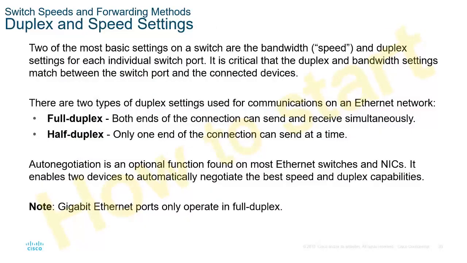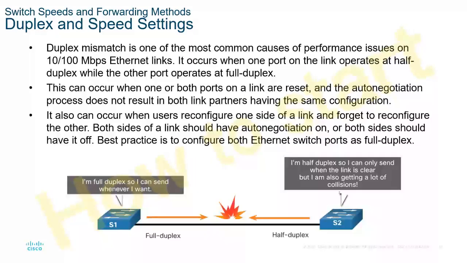We've already talked about duplex a little bit, so we know full duplex is send and receive simultaneously. Half duplex is one or the other. We know that gigabit has to be full duplex. So let's go ahead and talk about speed. Speed can be set manually or can auto-negotiate. With speed, we have the ability to set either 10, 100, 1000 megabits per second and so forth.